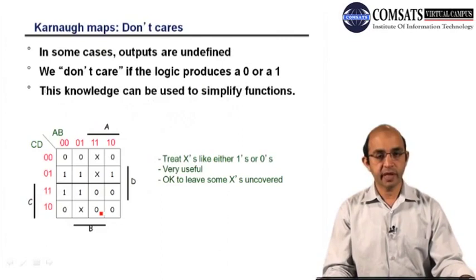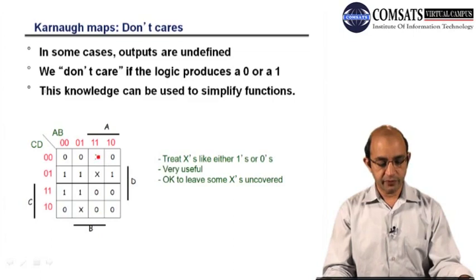So we can say that we don't care about the 11 condition. We can use the same don't care when we talk about simplification using K-map. Here we have a 4 variable K-map, and you can see we are looking at different ones, and we are also having X that represents the don't cares.